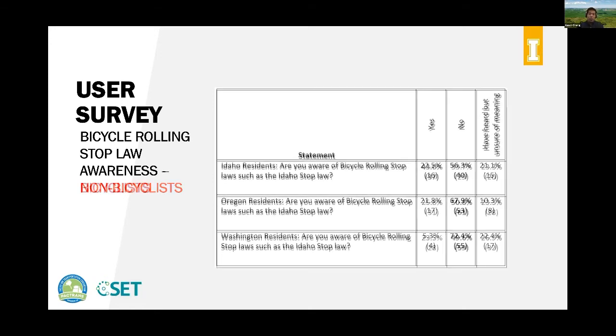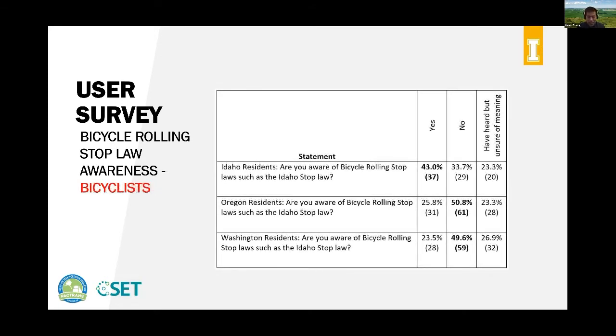Now, thankfully, when we polled our bicyclist population, the percentages were better, but still not particularly positive. 43% in Idaho, and then just about a quarter of the bicyclists in Oregon and Washington confidently answered yes, and then about another quarter responded by saying they've heard of it, but they're not quite sure what it means. So that's, again, of concern.